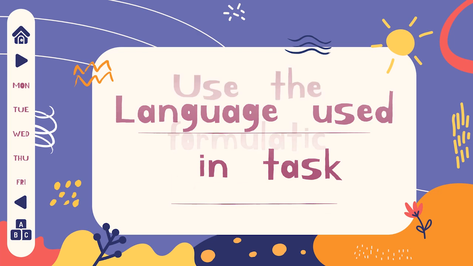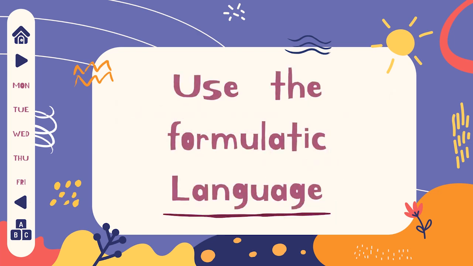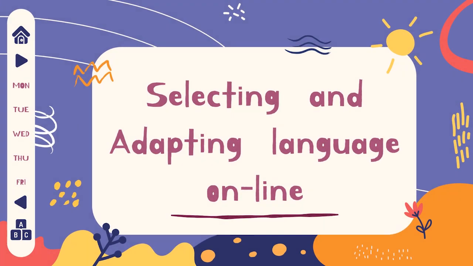The fourth is the use of formulaic language, which is about confirming what people are talking about and knowing their language knowledge. The fifth is selecting and adapting language online. The pupils try to communicate the meaning of the language and to know the people's understanding of the language spoken.